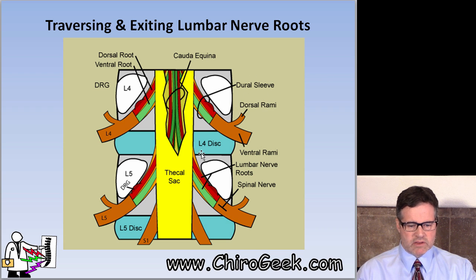Okay, now this is another cartoon, and what I've done, it's a posterior anterior view, and I have cut away the posterior arch by cutting through the pedicles right here. So I've peeled off the posterior arch, and now we can see the thecal sac. And I've even taken some of the thecal sac out so we can see the nerve roots inside. And you can see just how the nerve roots hang in this sac of fluid, and they're called the cauda equina collectively. But again, notice the budding here.